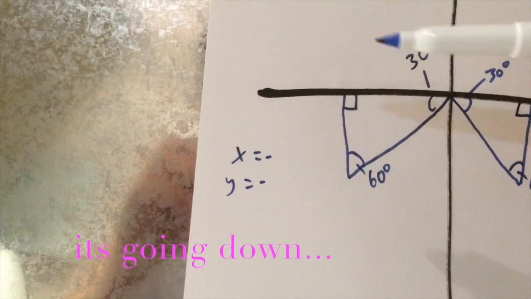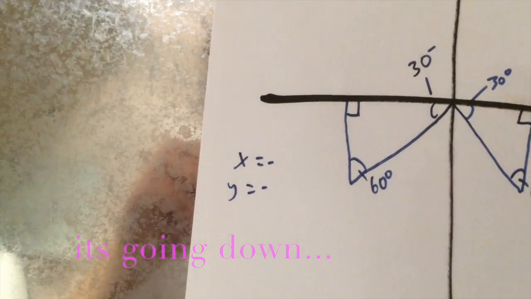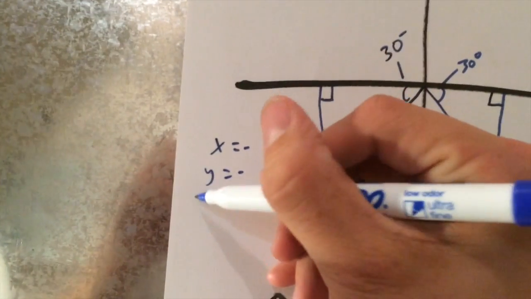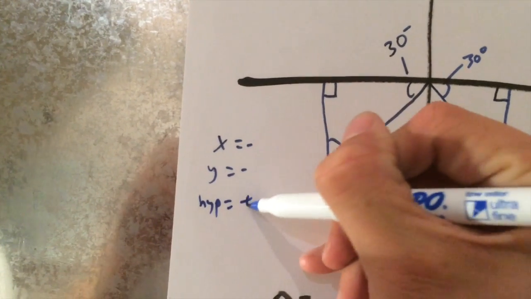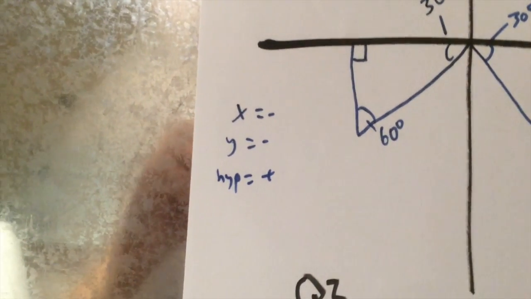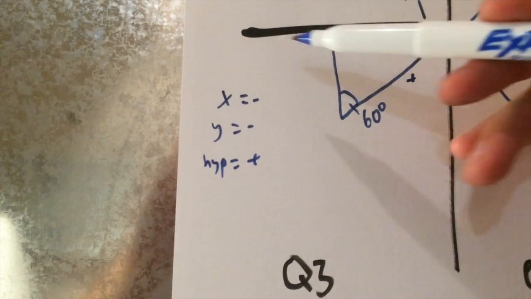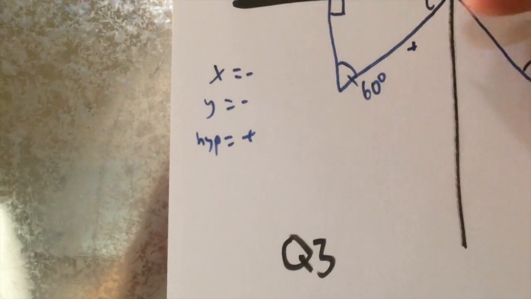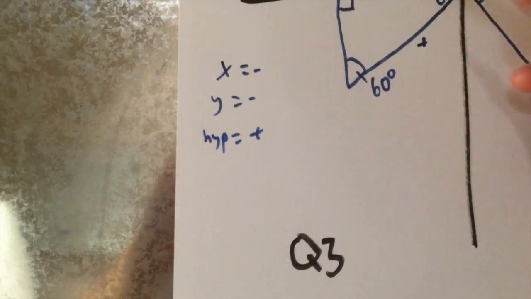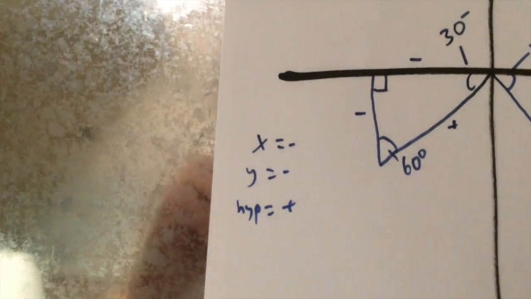It's going down the y-axis. We all know that the hypotenuse is positive constantly. So if the x is negative, that means the adjacent's negative. And if the y is negative, that means the opposite's negative.